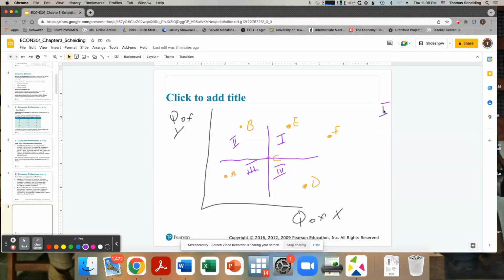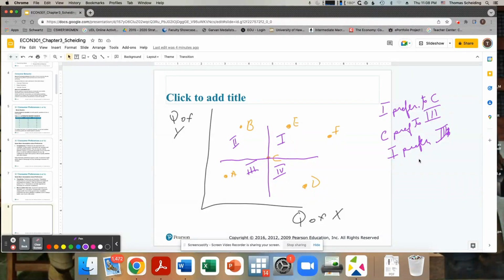Anything in quadrant 1 is preferred to C. C is preferred to quadrant 3. Consequently, quadrant 1 is preferred to quadrant 3, right? That would just be by transitivity.